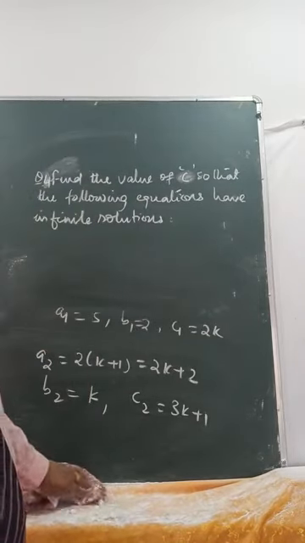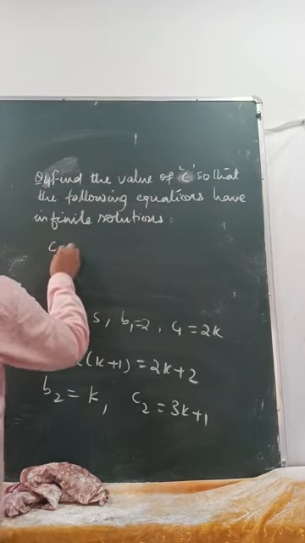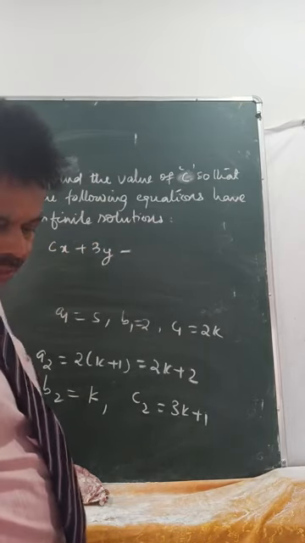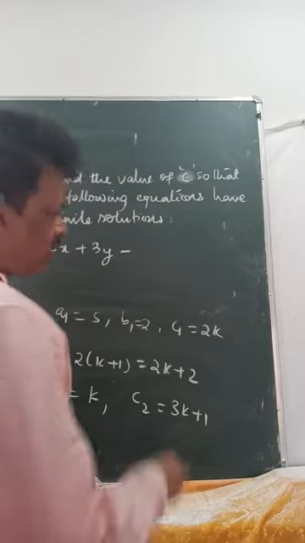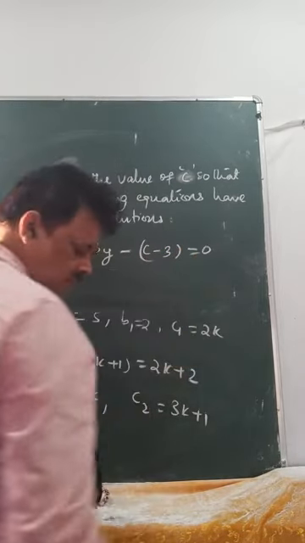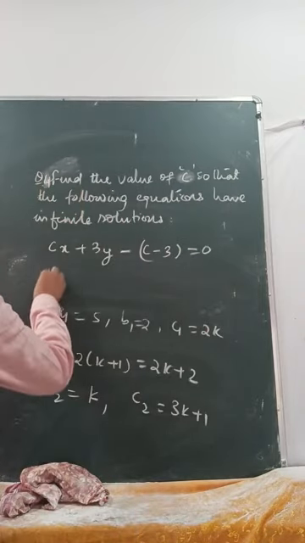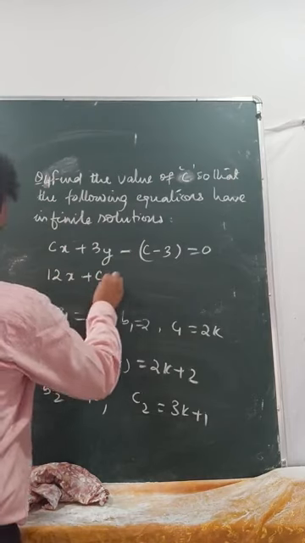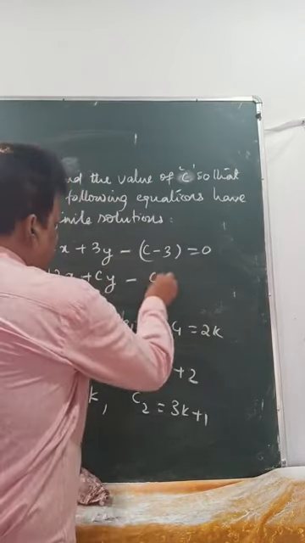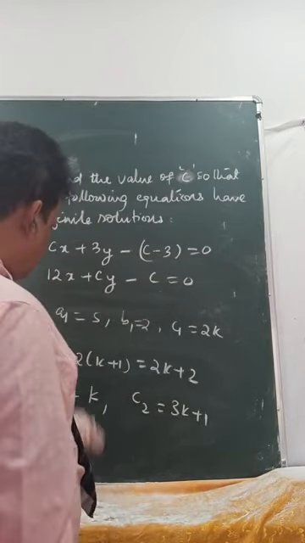So you have cx plus 3y minus c minus 3 equals 0, then 12x plus cy minus c equals 0. Look, c1 and c2 are both on the left side, so it doesn't matter.